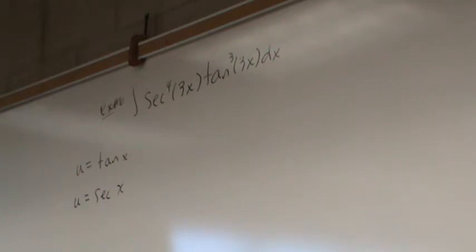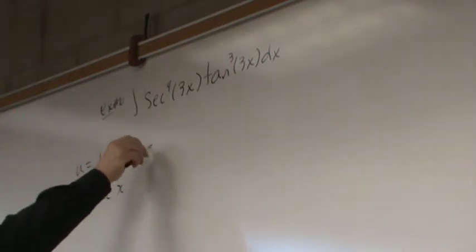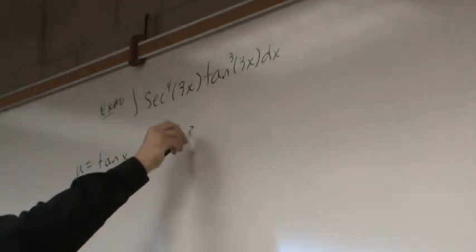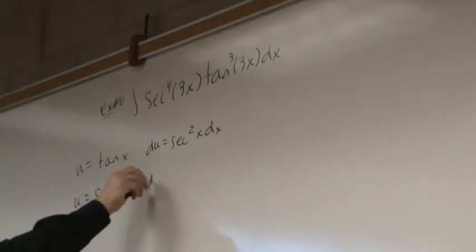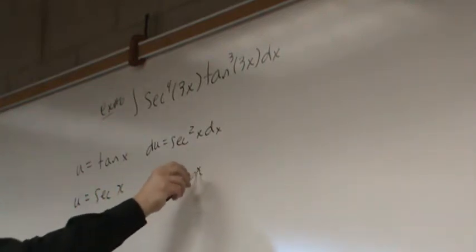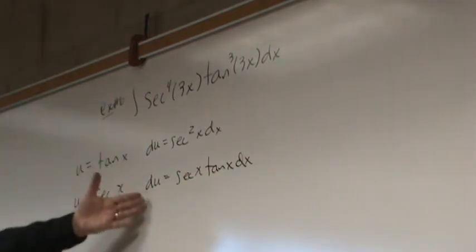Your choice of U is going to be primarily dictated by what your DU is. So if you choose your U to be tangent of x, then you better have a DU of secant squared x dx. But if you choose your U to be secant of x, you better have a DU of secant of x tangent of x, right? That's what you've got.